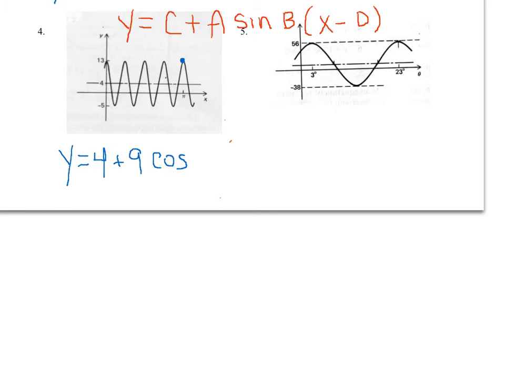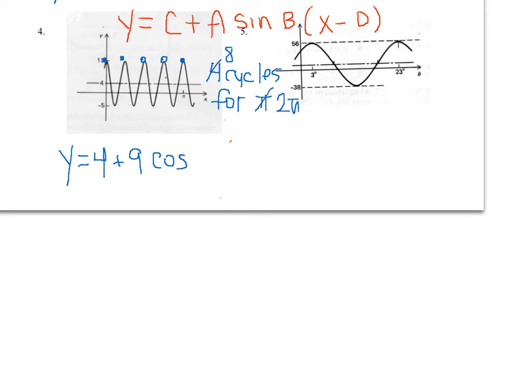Well, it looks like if I start here, there's 1, 2, 3, there's 4 cycles for pi. So how many cycles would there be for 2 pi? Remember, this is what frequency means. It means how many cycles are there in where it used to just be 1. So if there's 4 cycles for pi, there's going to be 8 cycles for 2 pi.